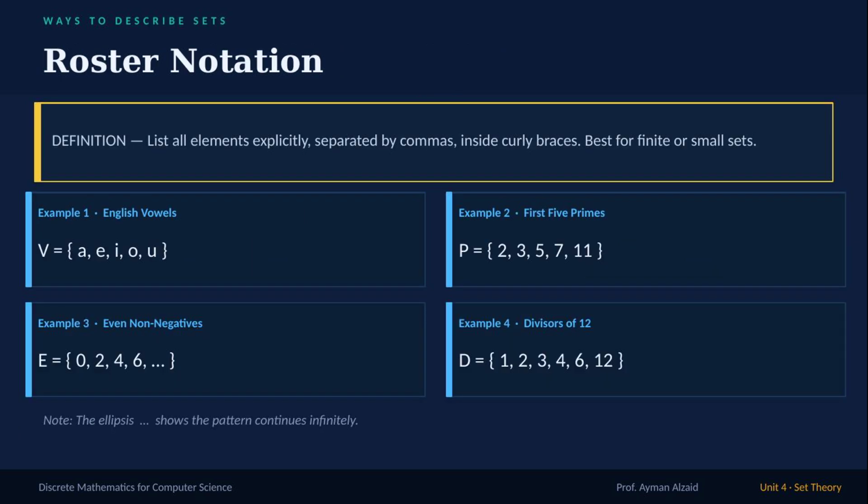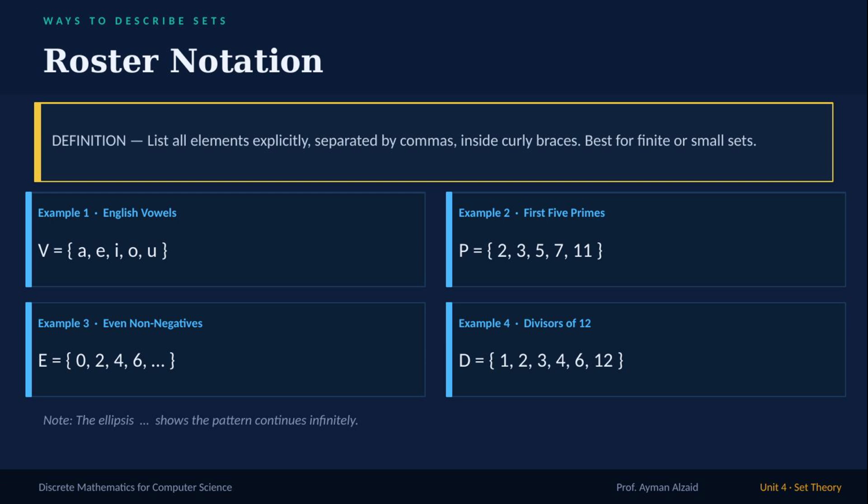There are 2 main ways to write a set. The first is roster notation, also called enumeration notation. We simply list all the elements explicitly, separated by commas, inside curly braces. Example 1. V equals the set of English vowels: a, e, i, o, u.